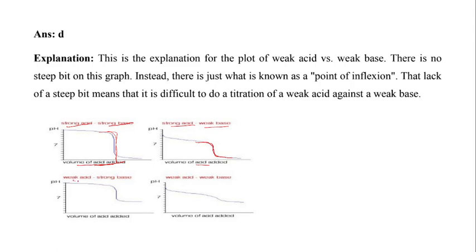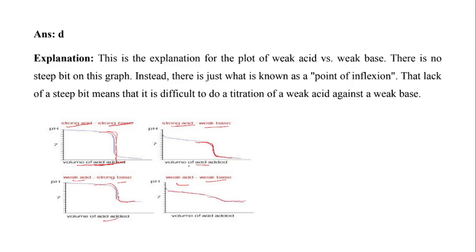Then weak acid and strong base will also give you an end point, but not sharp like that. When you add acid, the pH will change, but it is not sharp. But if it is weak acid and you are adding weak base, the pH is changing very minutely and it is almost linear.